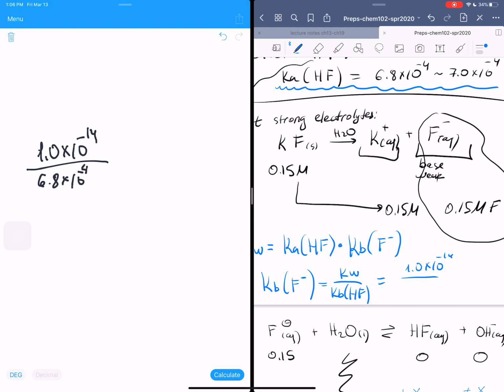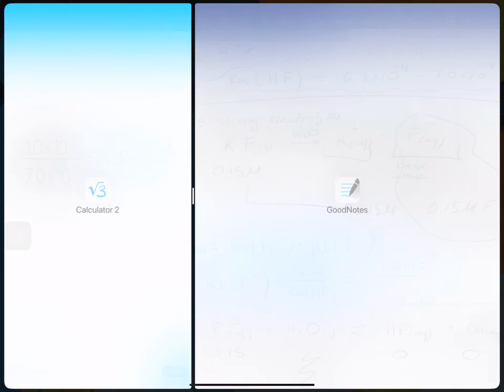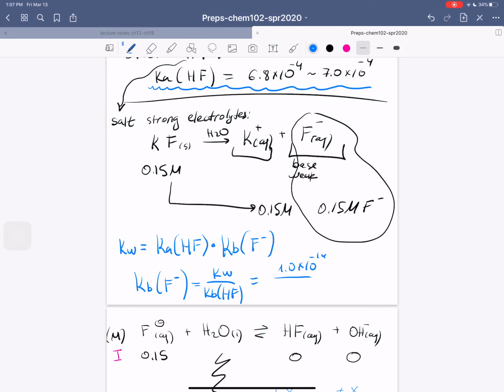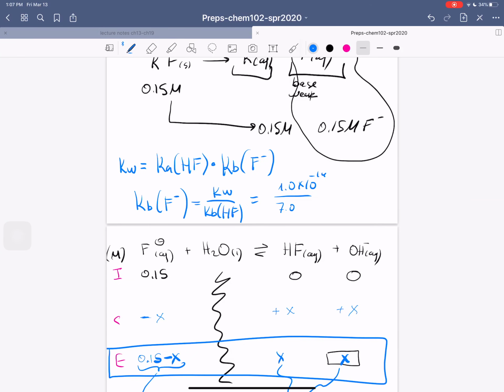Let's do it using my app. You can use your calculator. Or even let me try to do it with 7.0. Yeah, so 1.4. So the value of the Kb will be 1.4 times 10 to the negative 11th.